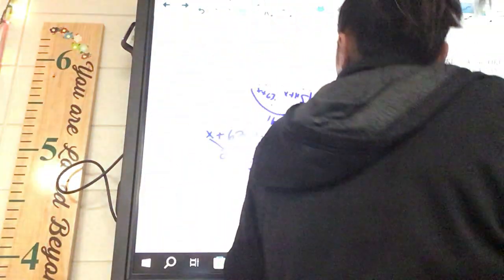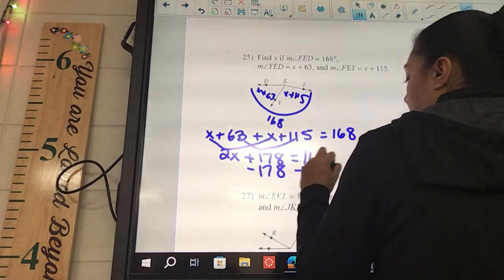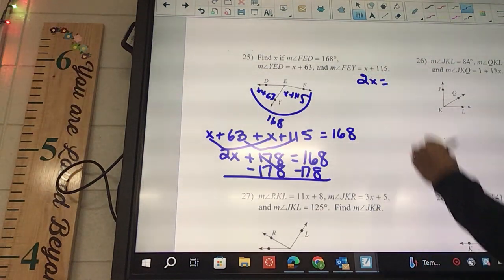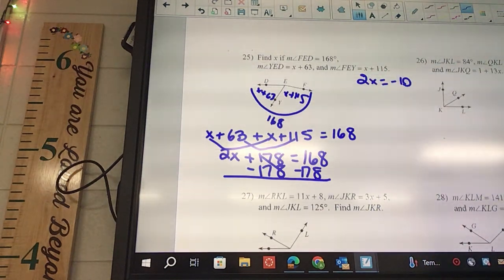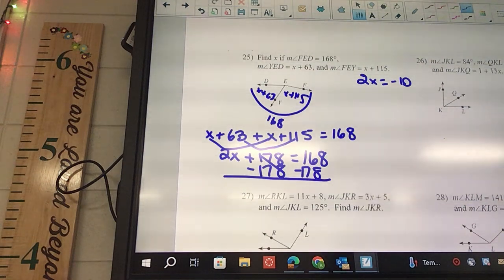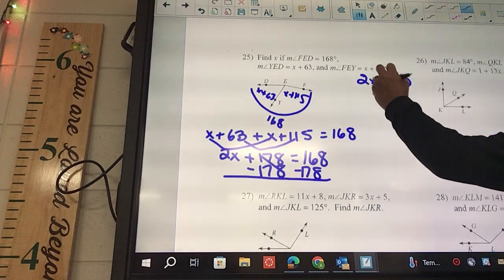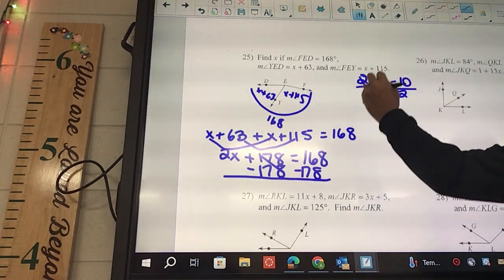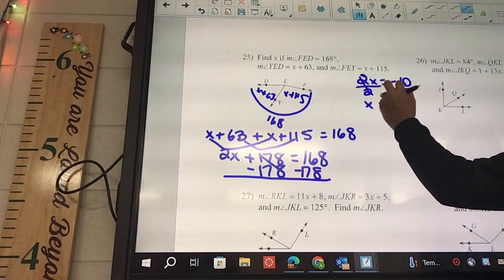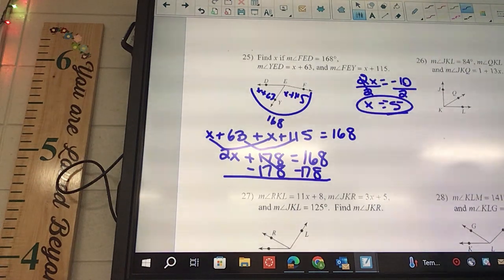Subtract. So 2X equals negative 10. And then what? Divide by 2. Do we stop or keep going? What does it say to find? It says to find X, so this one is done.